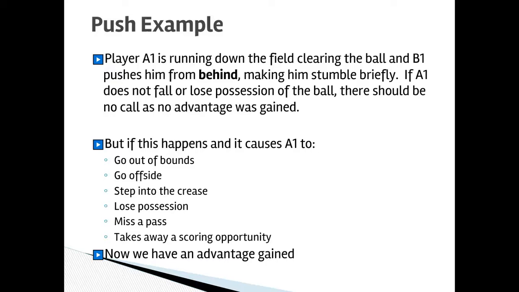But in the same situation, if it causes A1 to go out of bounds, to go offsides, to step into the crease, to lose possession, to miss a pass, or to take away a scoring opportunity, now we have an advantage gained. So we have some different situations there where we're talking about what is advantage and what is disadvantage. I'm going to stop here and ask for any questions on the first section.